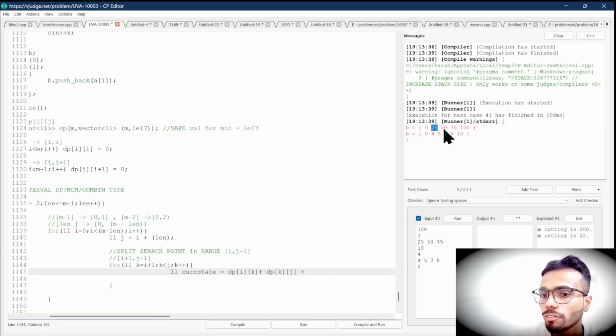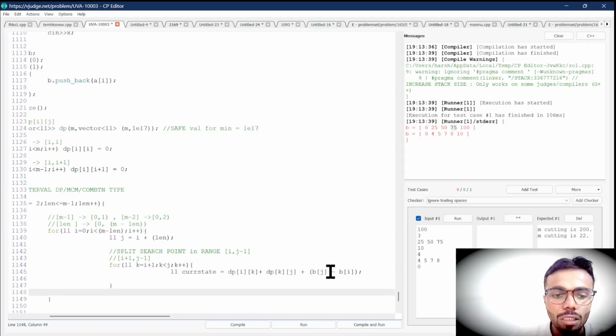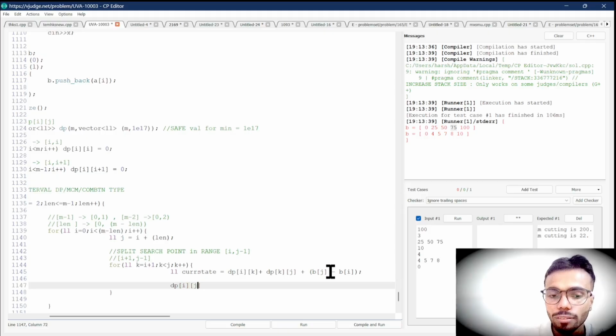Let's say the interval i is this coordinate and j is this; I'll just subtract these and the cost will get added. The cost will simply be added. If I just take the minimum, because I need to find the optimal value for this state, I'll get the answer for the current state.